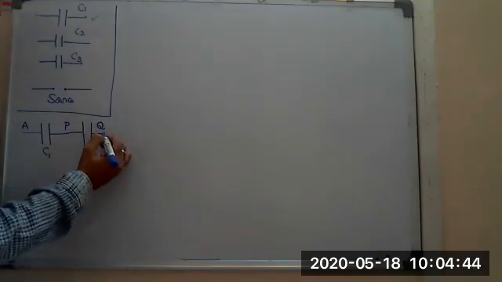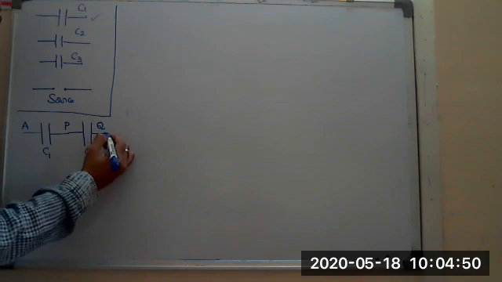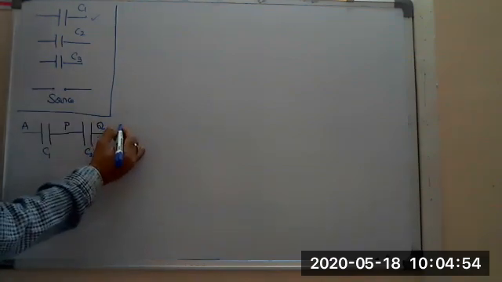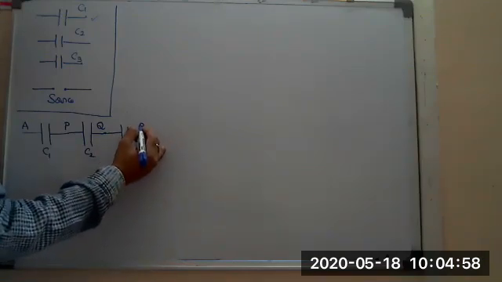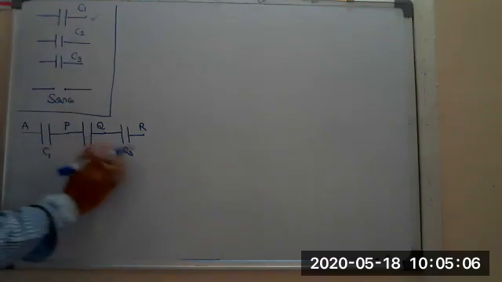And then to the end of the second capacitor, the left end of the third capacitor is connected like this, and it is the other end of the third capacitor C. Finally I have taken only three capacitors.